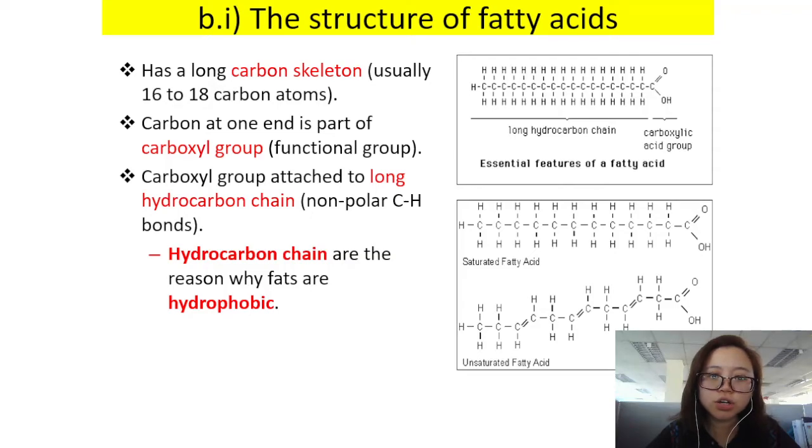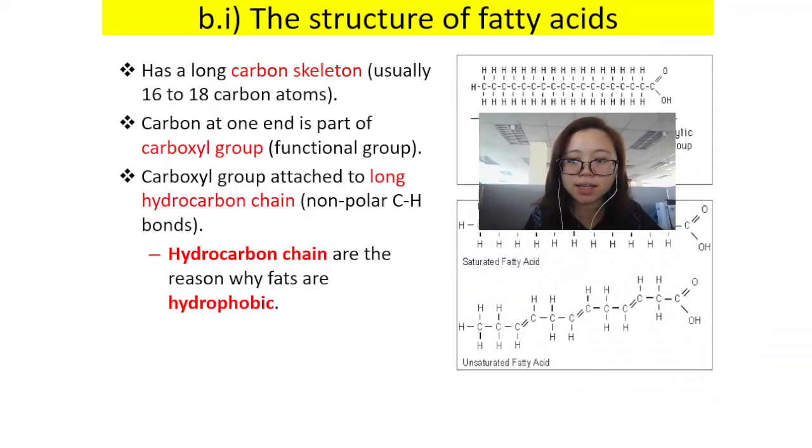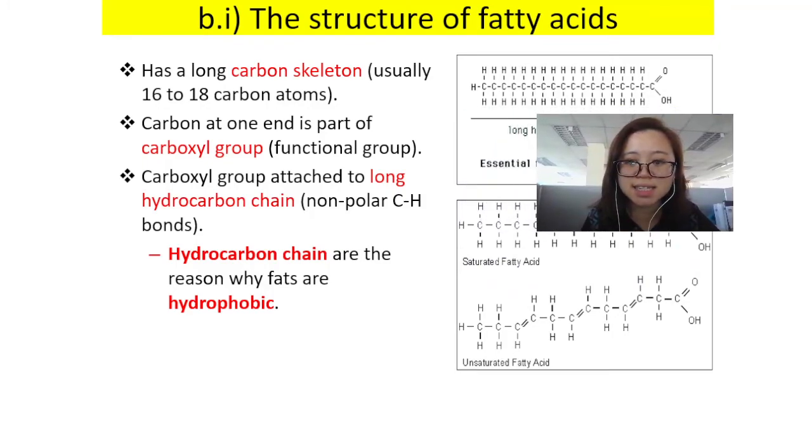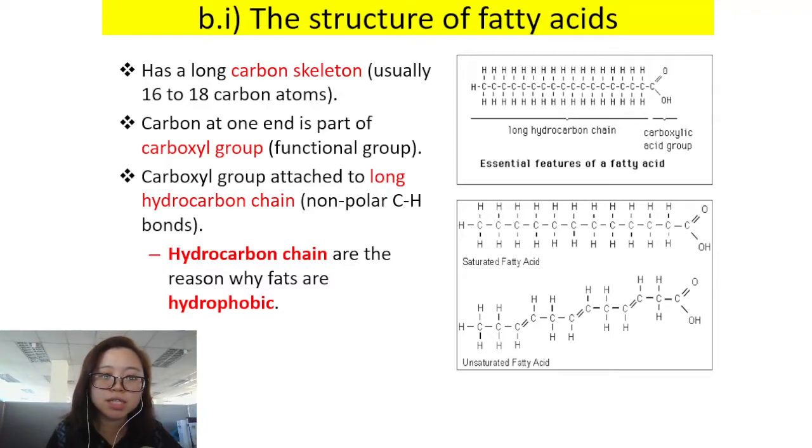So the structure of a fatty acid. A fatty acid has a long carbon skeleton, usually about 16 to 18 carbon atoms. If it is not yet clear what a carbon skeleton is, do you see this one with many sides? That is the carbon skeleton. So the carbon skeleton for a fatty acid is long, 16 to 18 carbons.